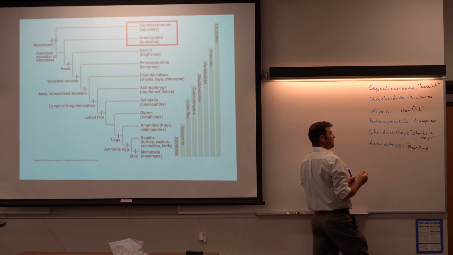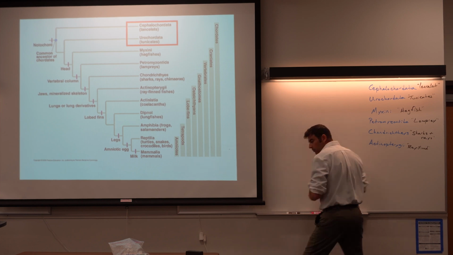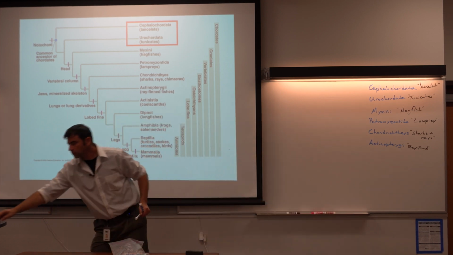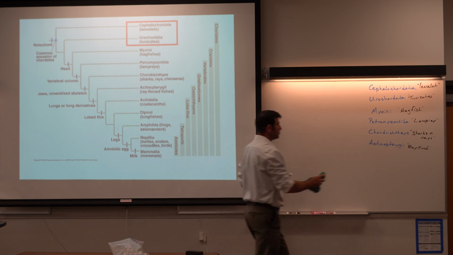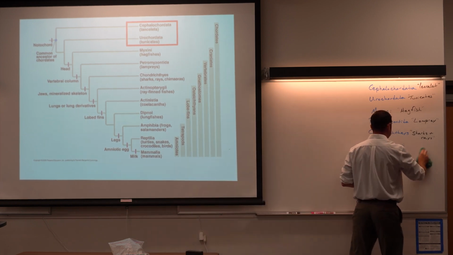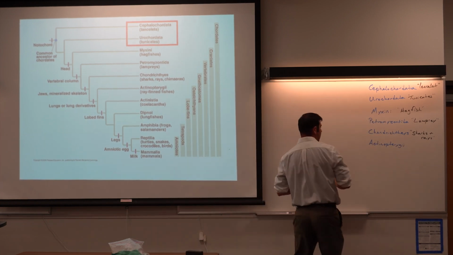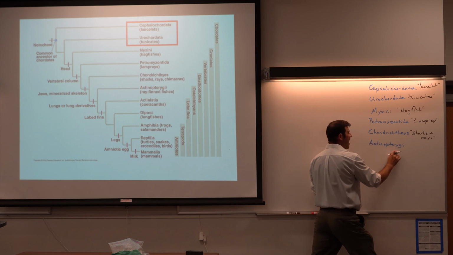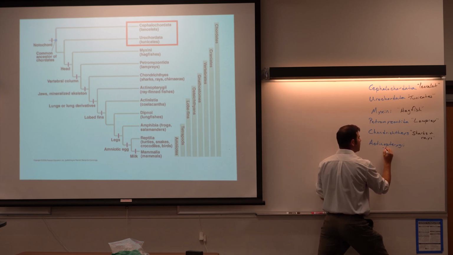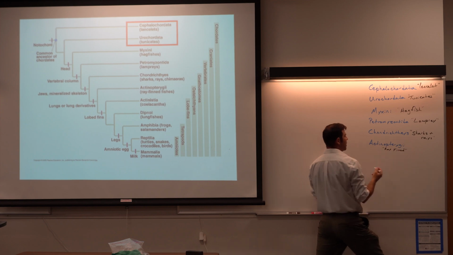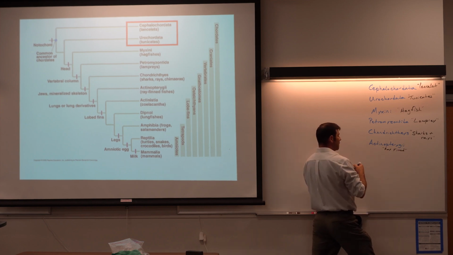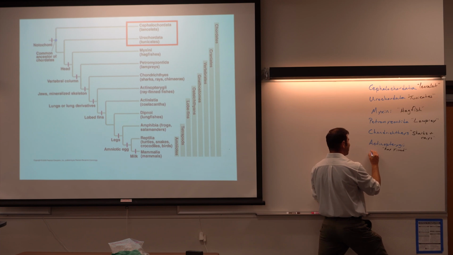I'll say ray-finned. In fact, I'm going to put that underneath here. Actinopterygii describes these ray-finned fish. The second group of fish is called Actinistia.